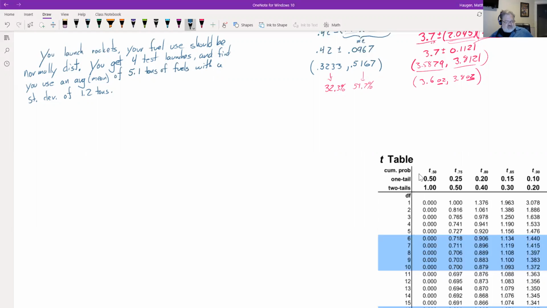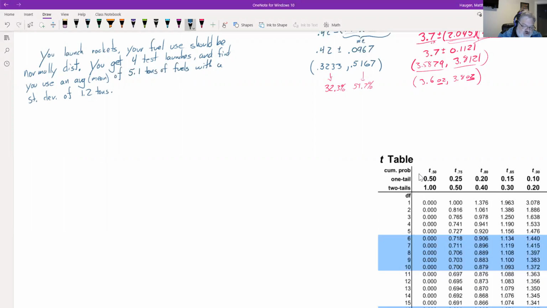Now, 1.2 tons out of 5 tons is a pretty big standard deviation. You notice that, right? So that's a pretty wide range of possible fuel uses. So you want to come up with how much fuel you're going to put into your budget for all these launches.